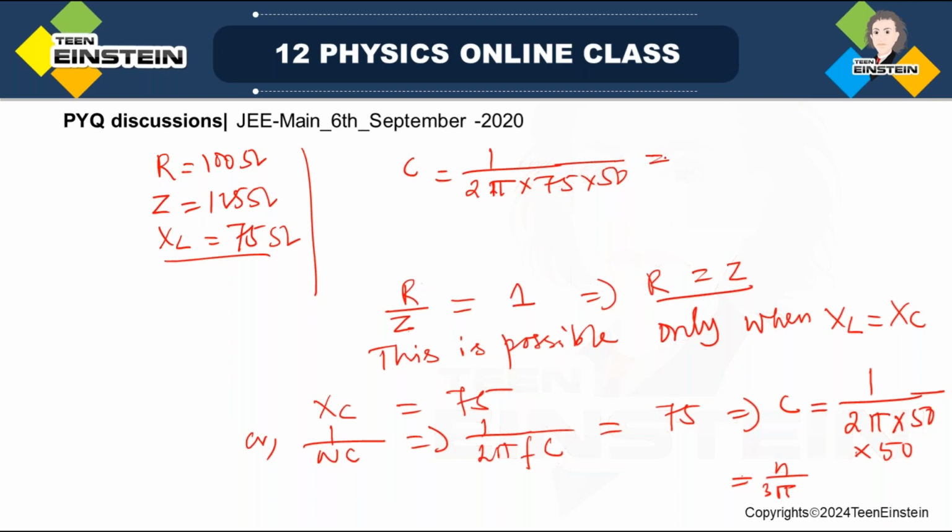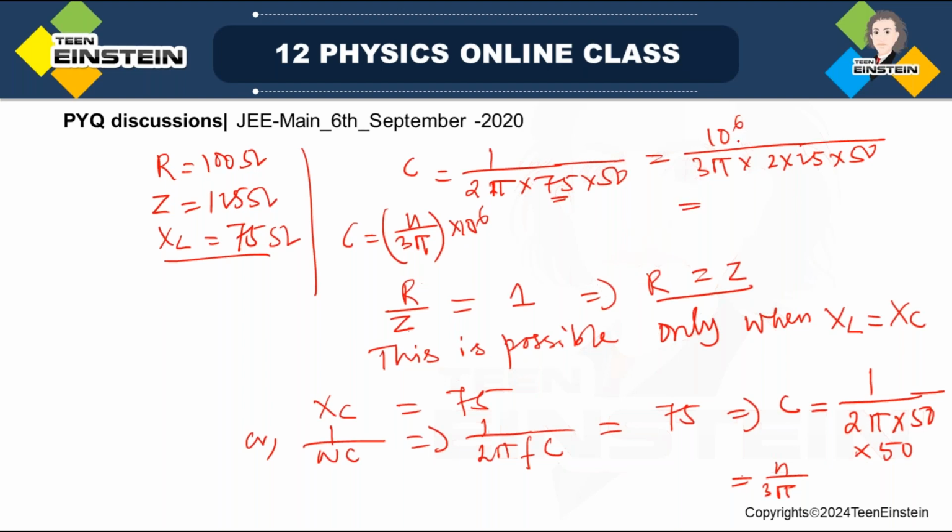Let me first handle the units: the result is to be given in microfarad, so I multiply by 10 to the power 6, and keep the 3 pi here, with 25 from the 75, so 2 into 25 into 50.